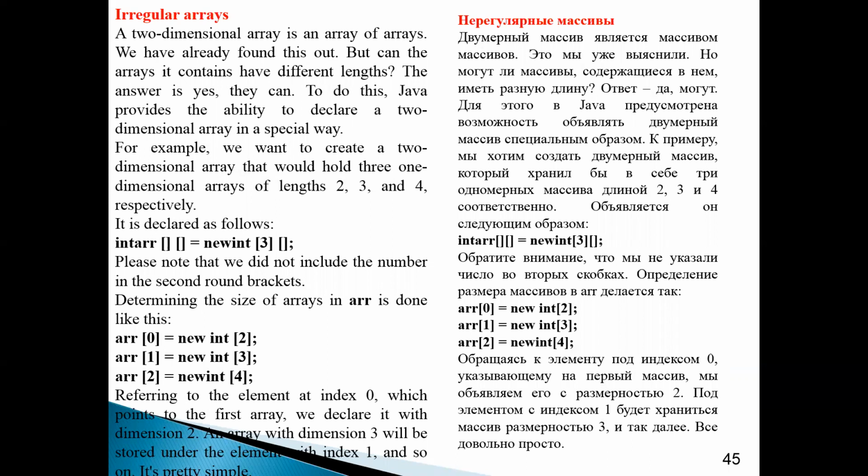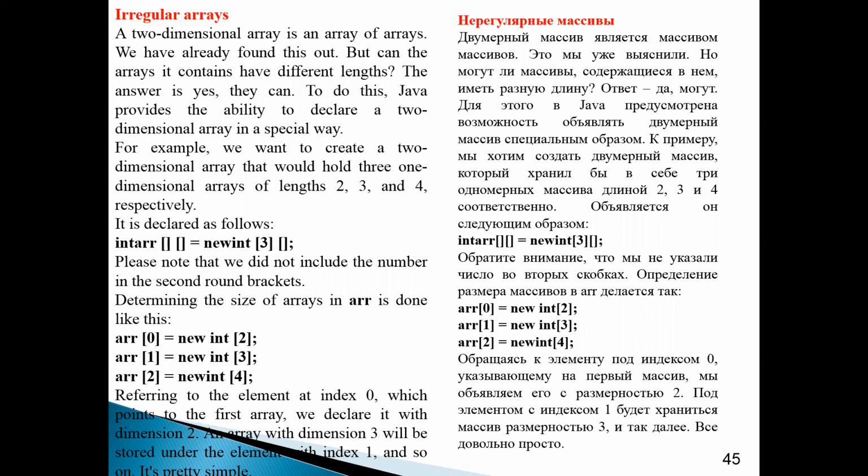Okay, next slide. Irregular arrays. A two-dimensional array is an array of arrays. We have already found this out. But can the arrays it contains have different lengths? The answer is yes, they can.